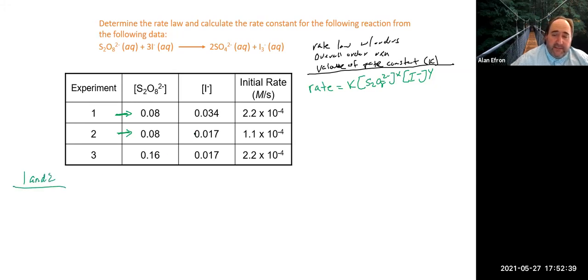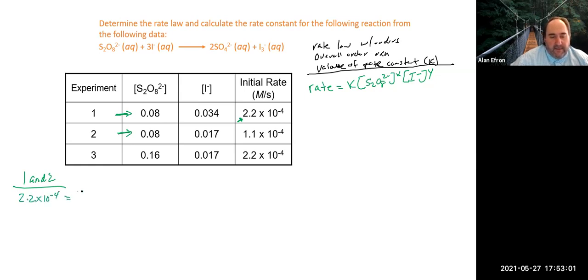As I also mentioned last time, sometimes it's helpful to put the larger rate guy up on top. You don't have to, but it sometimes gives you a little bit more whole numbers, makes it a little bit easier. So what I'm going to do is put all the information from experiment 1 all the way across on top. That gives me 2.2 times 10 to the minus 4.